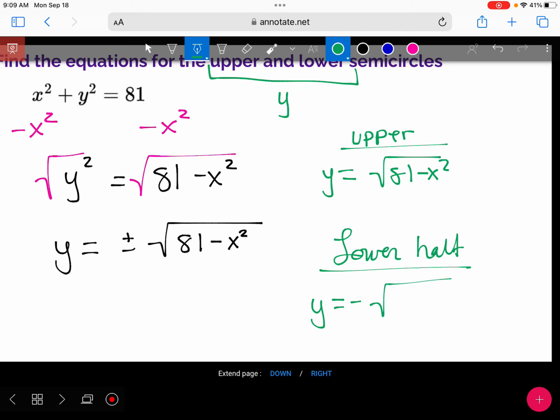The negative square root of 81 minus x squared. So we solve for each variable. Upper half is positive, lower half is negative. On left and rights, left side is negative, right side's positive. But a very similar vibe.